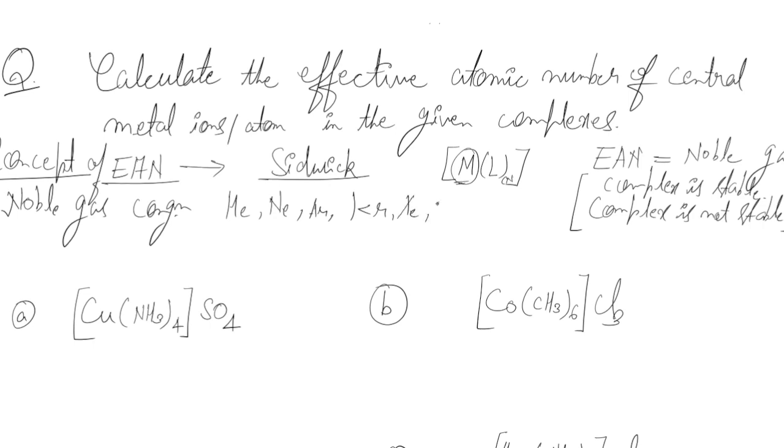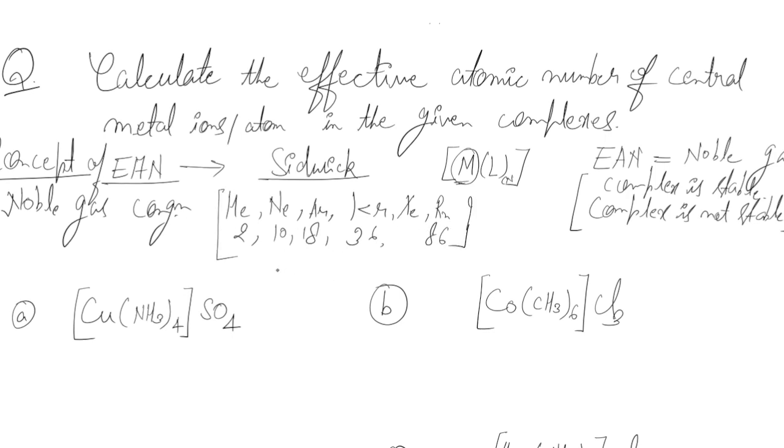If this kind of electronic configuration is achieved, for example neon 10, argon 18, krypton 36, radon 86, then you can say that this is your noble gas configuration.